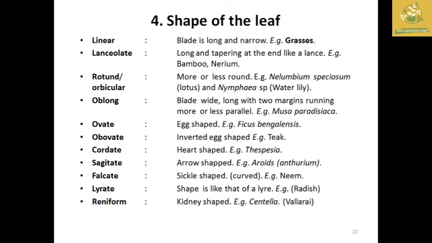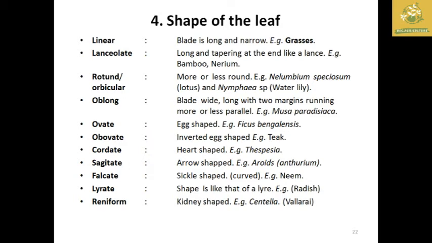In oblong, the blade is wide and long with two margins, which is named oblong. And ovate, which is a shape in picture classifications as well as in leaf margins, example Ficus species.